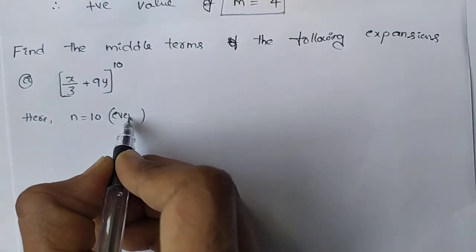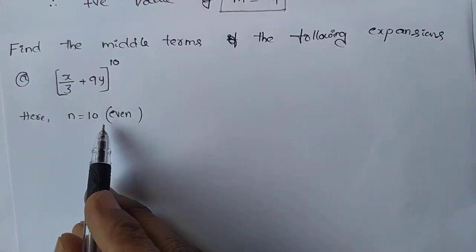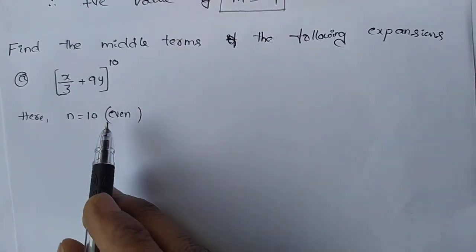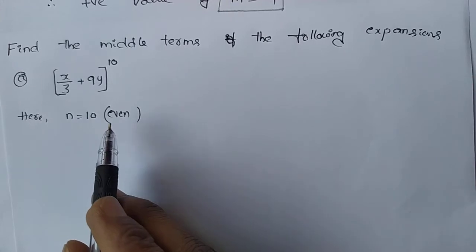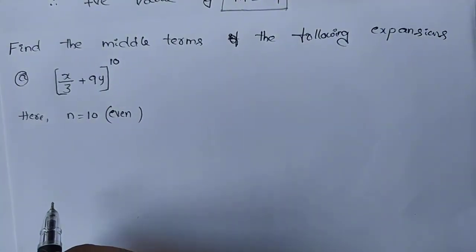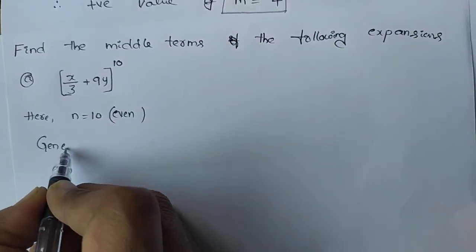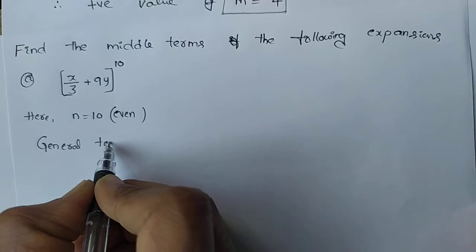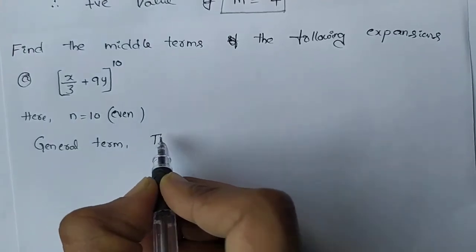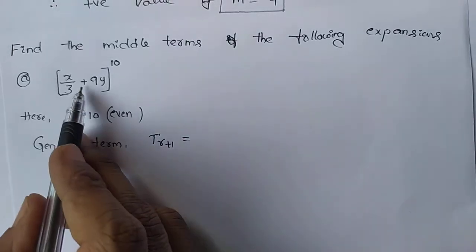Even. Okay, we know that if n is even, there will be only one middle term, that is t n by 2 plus 1, right? Before going to the middle term, let us find the general term. So the general term formula is: T r plus 1 equals, here we have plus in the expansion.